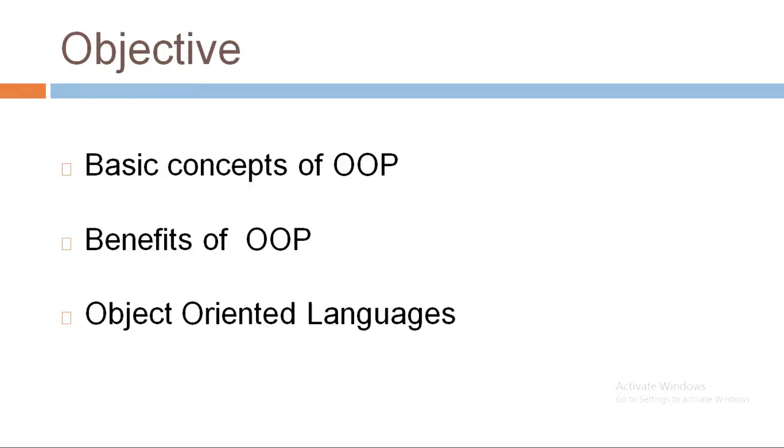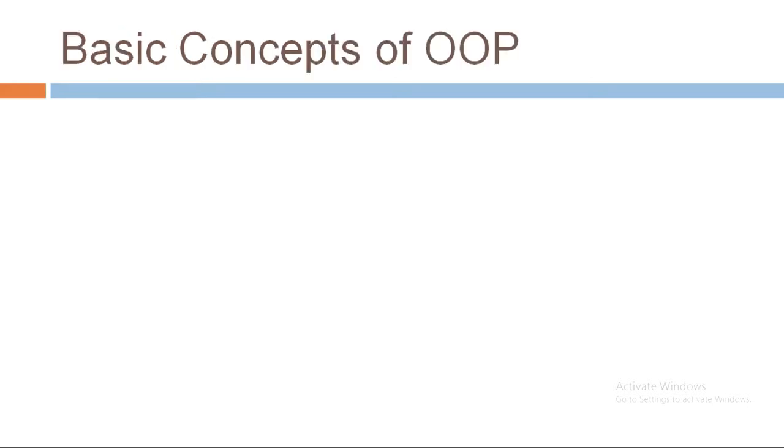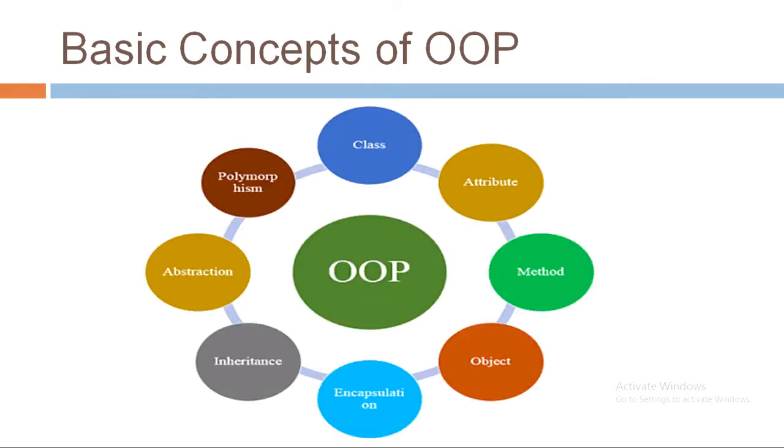So let's start. The objective of today's session is to know about basic concepts of object-oriented programming, benefits of object-oriented programming and object-oriented languages. So let's start with the first topic, basic concepts of object-oriented programming. So this one is the figure.